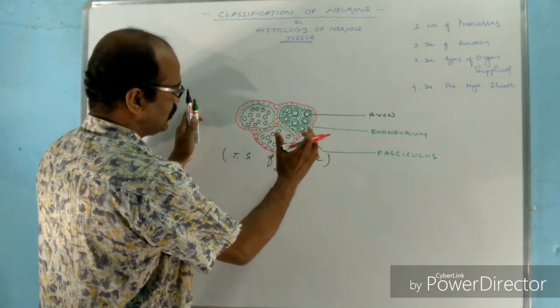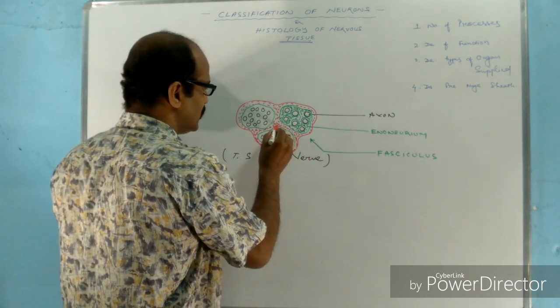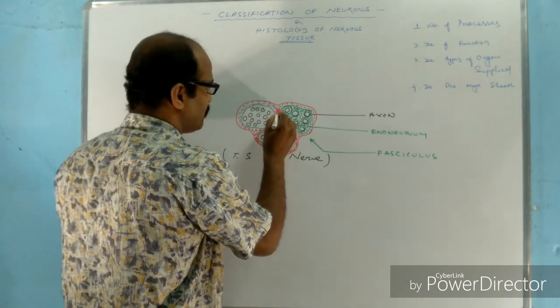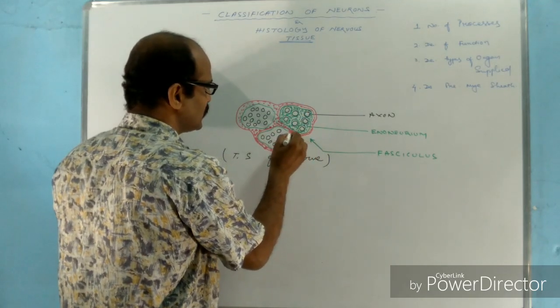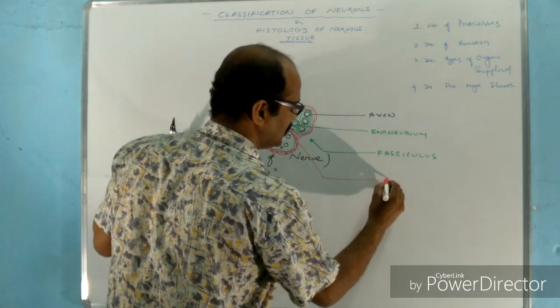So many fasciculi are actually covered by another connective tissue layer. This is known as the perineurium.